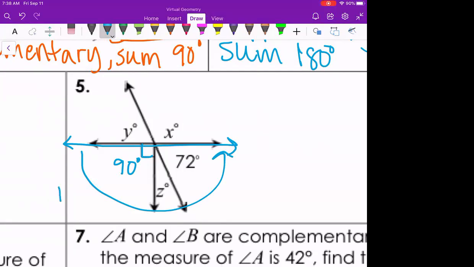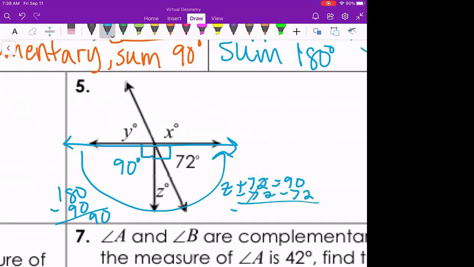So out of 180, 90 is already used up. So if I have a right angle on the left side, I should also have a right angle on the right side. So now I have enough that I can find Z, because Z and 72 are complementary. So Z plus 72 should also make another 90. So minus our 72, because we've used it up out of 90. And my Z should be 18 degrees.